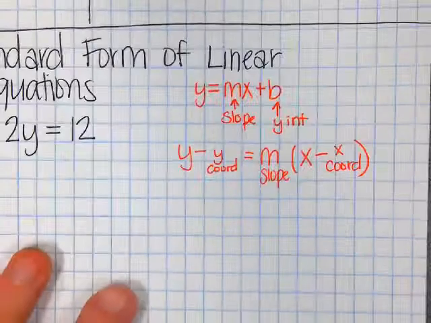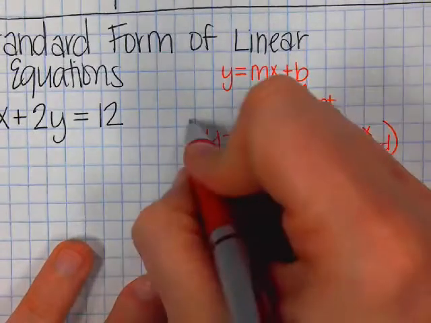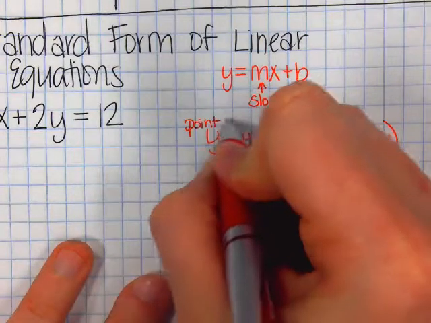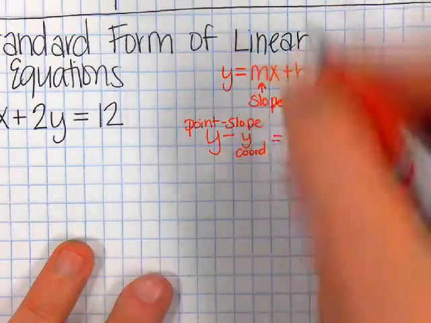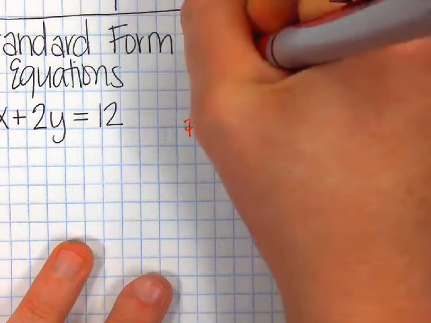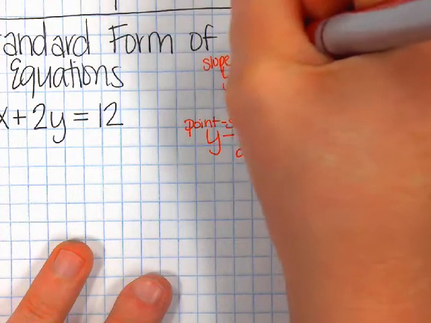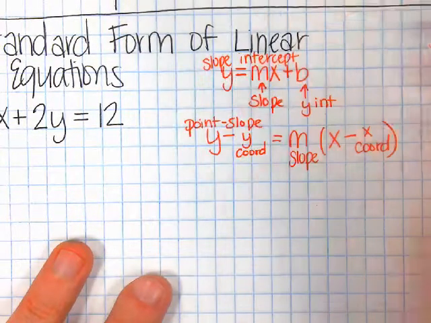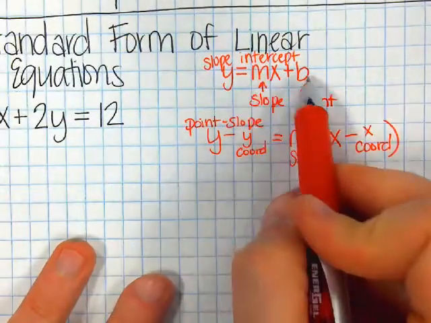Sorry, you couldn't see all of that. This is point-slope form because you can see the point and the slope. This is slope-intercept because you can see the slope and the intercept.